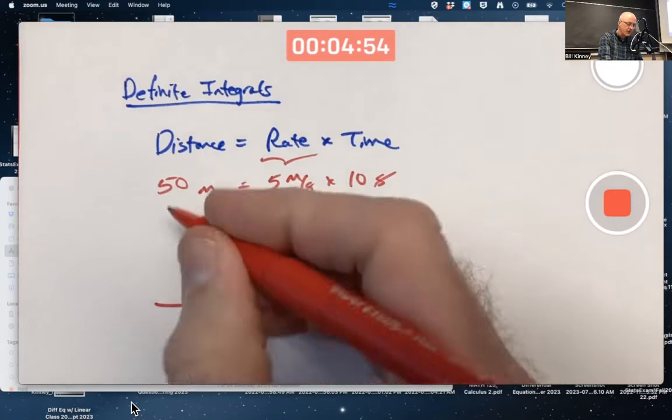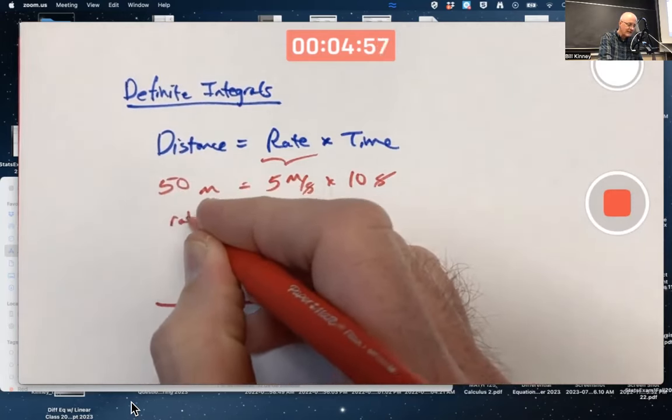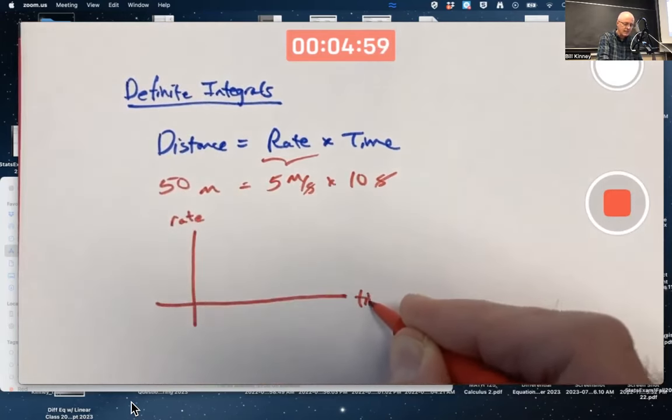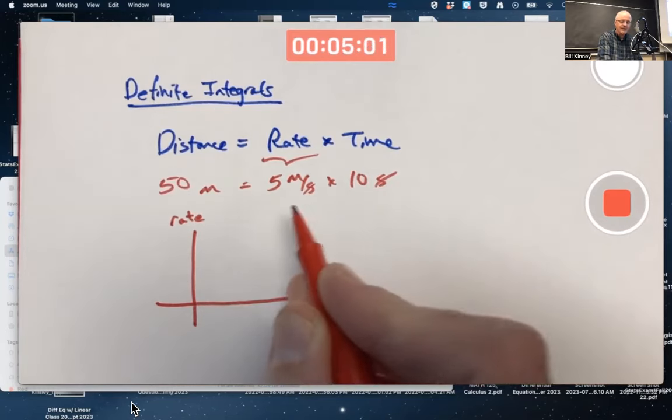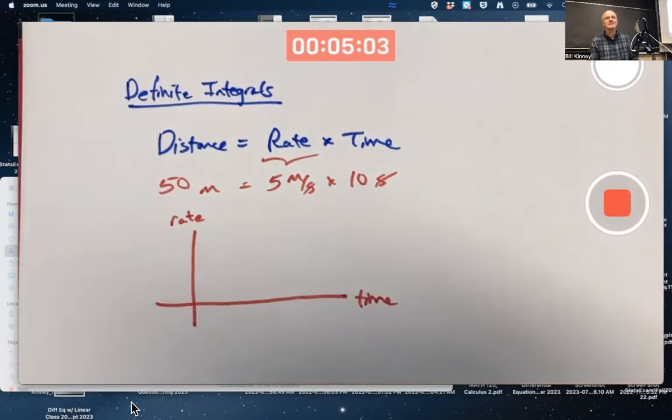What we want to do is we want to really graph the rate as a function of time. And if I say the rate is 5 meters per second, well, I'm trying to hint at the fact that it's a constant rate. You're walking at a constant rate, or in this case, probably to go 5 meters per second, you got to jog at a constant rate of 5 meters per second.